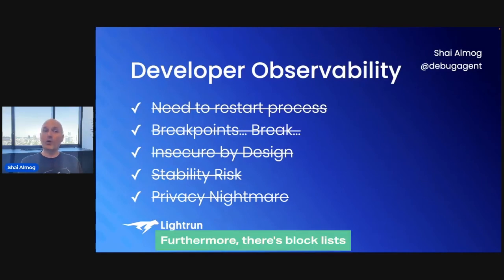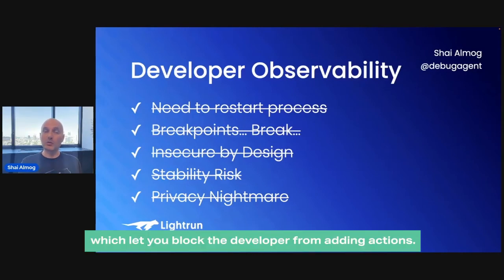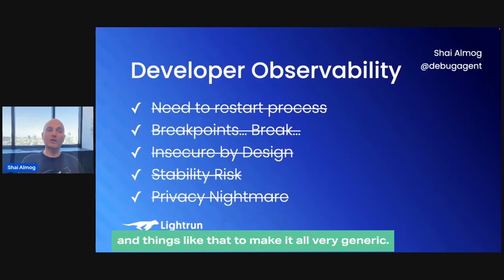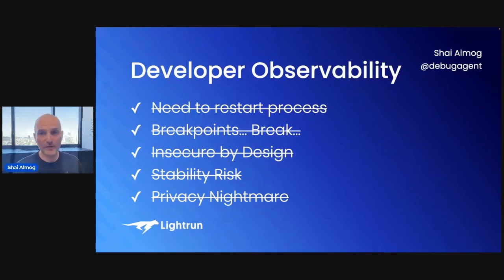Furthermore, there's block lists, which let you block the developer from adding actions, that means logs, snapshots, etc., into specific files. You can use star notations and things like that to make it all very generic.